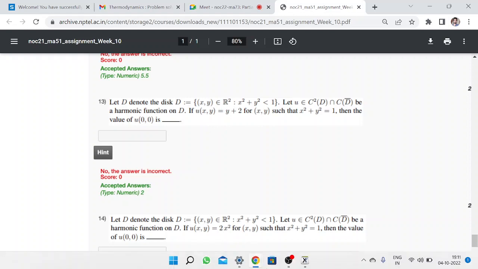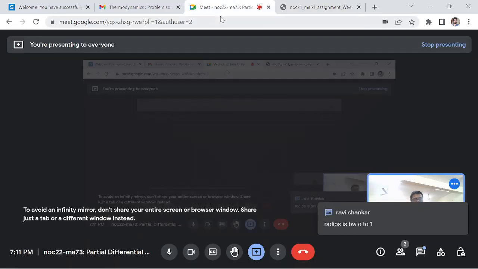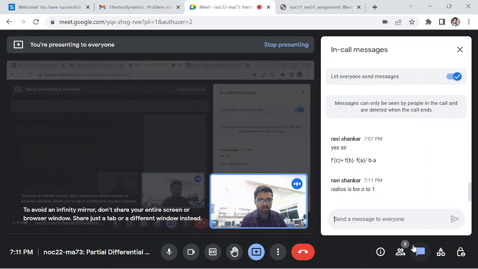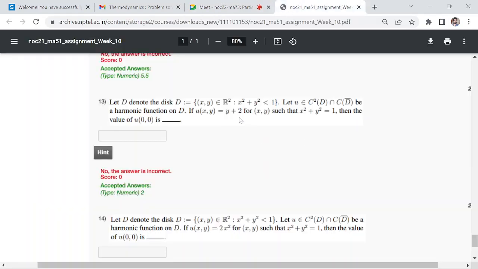It is the only change, right? It is on the boundary value. Radius is not between 0 and 1. Radius is 1.